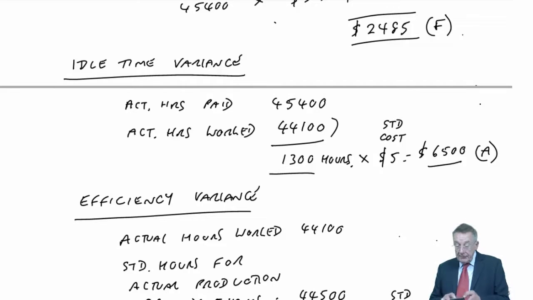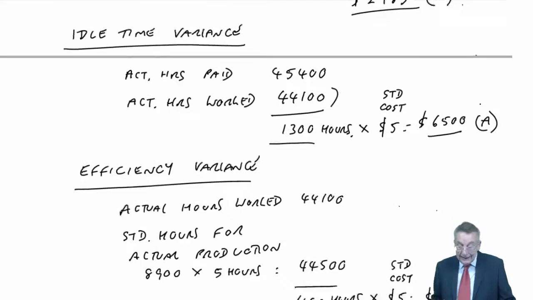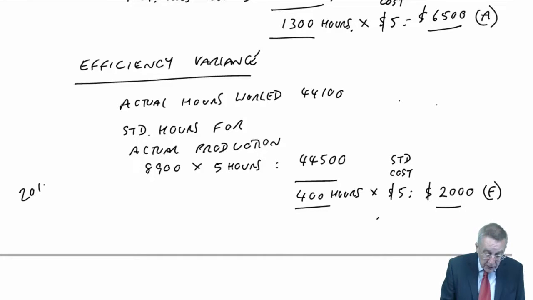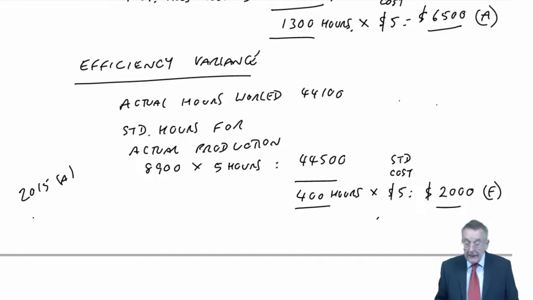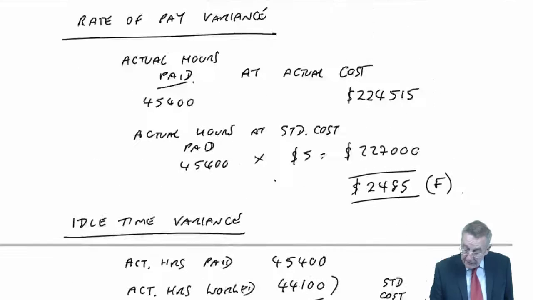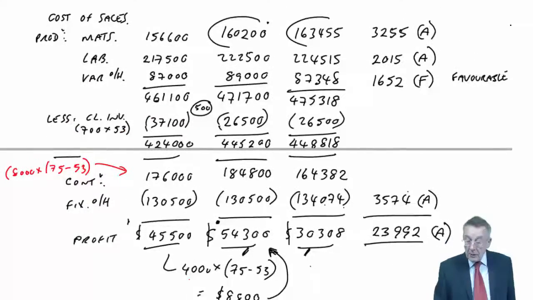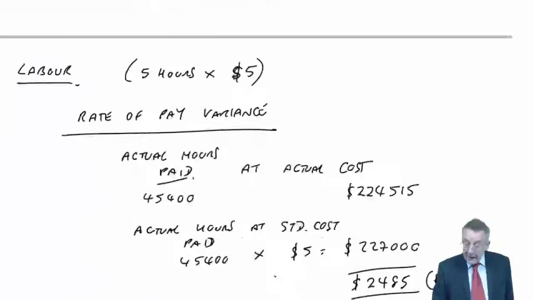It was 6,500 adverse, less 2,485 favourable, the rate of pay, less 2,000 favourable, the efficiency. Overall, it's 2,015 adverse. And is that what we got in total in the last lecture? Yes, there we are, 2,015 adverse for labour.